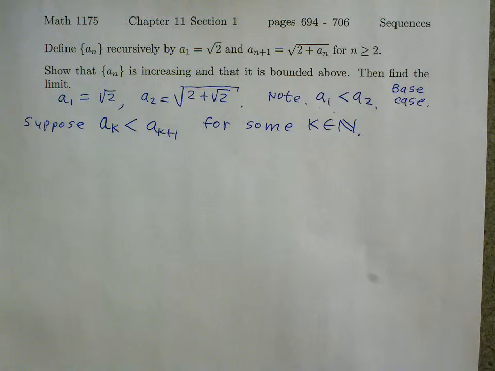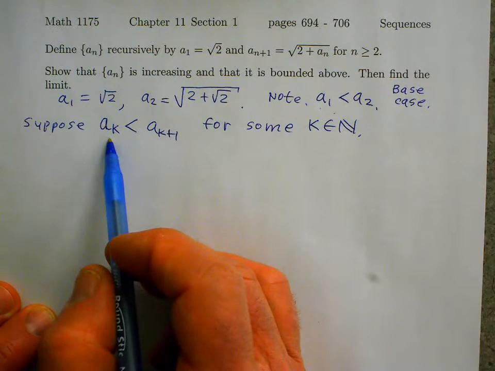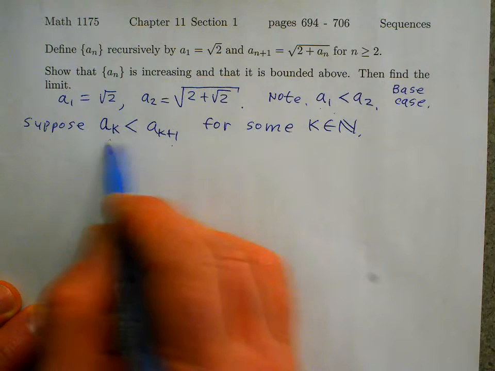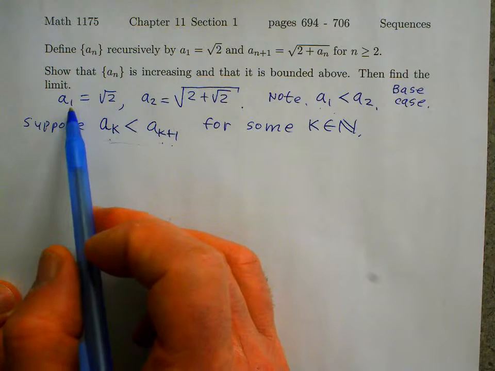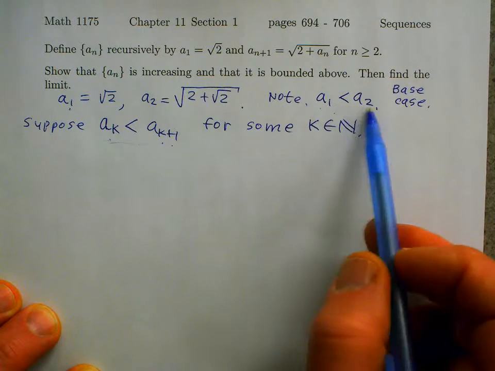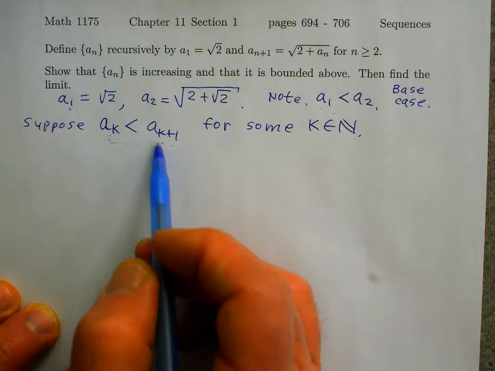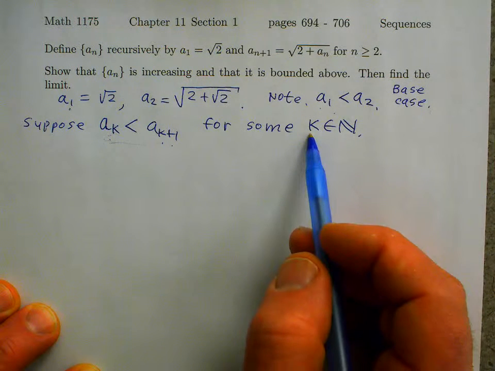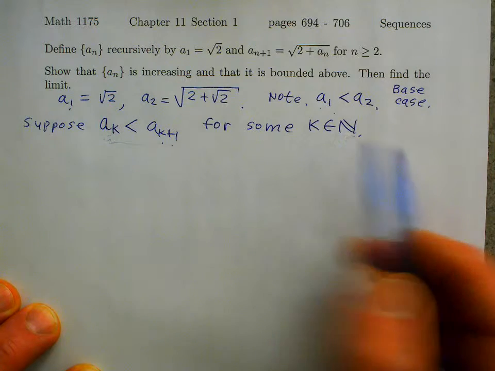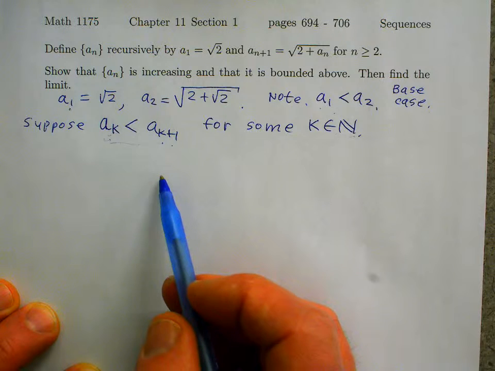And then we can conclude by induction that the entire sequence is increasing. Okay, we've already established that this occurs when k is 1, right? A sub 1 is less than a sub 2. So if we suppose that a sub k is less than a sub k plus 1 for some other natural number, we want to show that a sub k plus 1 is less than a sub k plus 2.